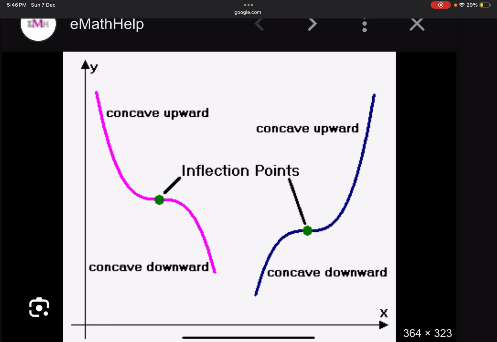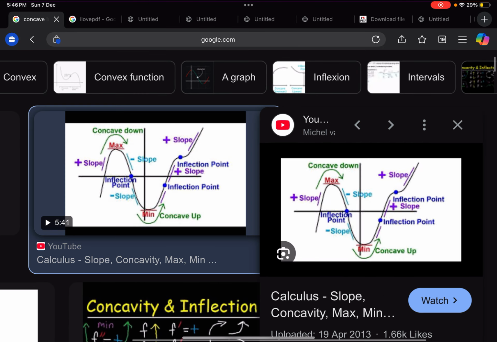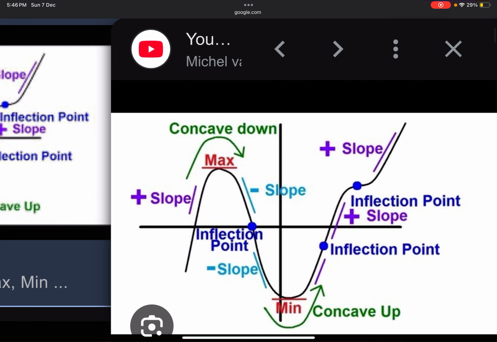It will either start concave upward. Let's look at the pink one. Concave upward, go down, then concave downward. That's one inflection point. And then another one is from concaving downward, and then it will go to concave upward. So it will look like this altogether. Concave upward, it started at the top, and then it will go down, so it's concaving downward.